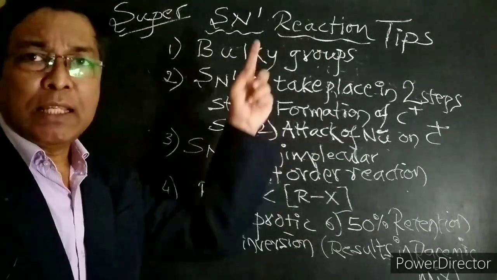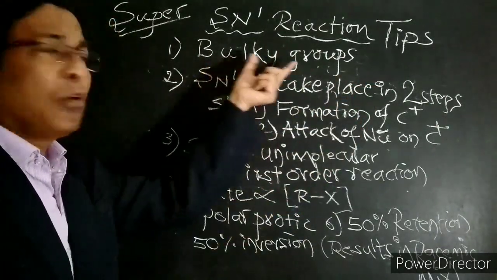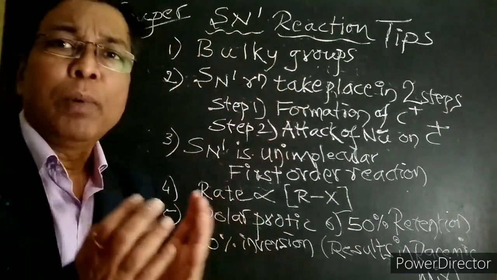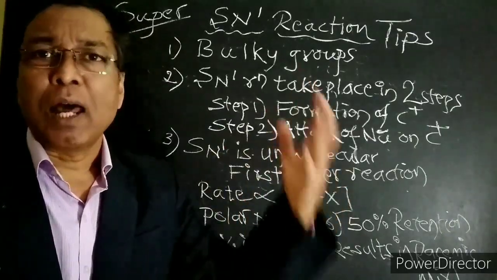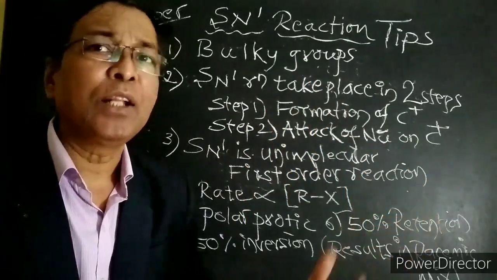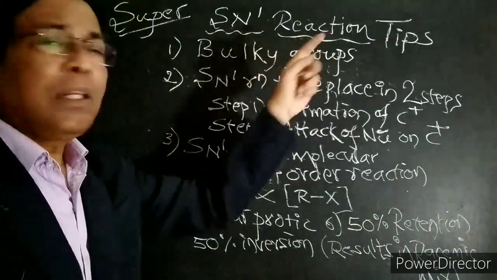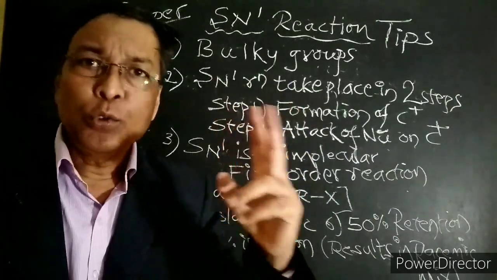Now we will see the SN1 reaction super tips. The first tip is bulkier groups favor the SN1 reaction. That is, when bulkier groups such as benzyl halides or allyl halides or tertiary halides are present, then the reaction will follow the SN1 reaction mechanism path. Second, the SN1 reaction takes place in two steps.